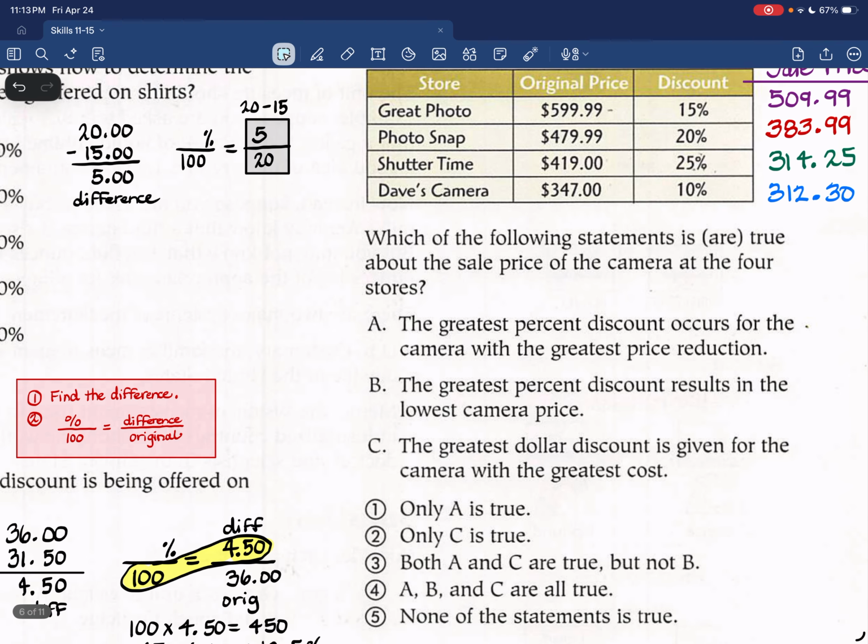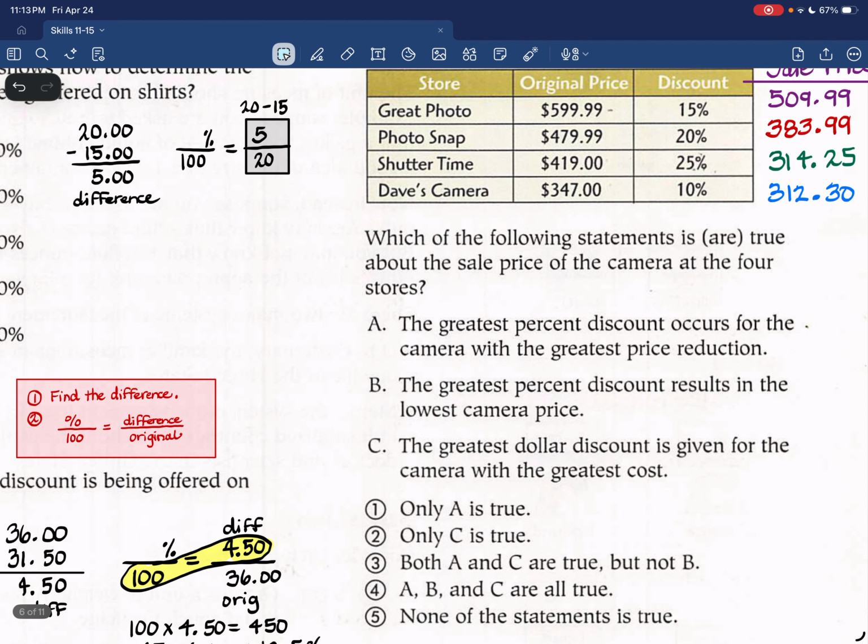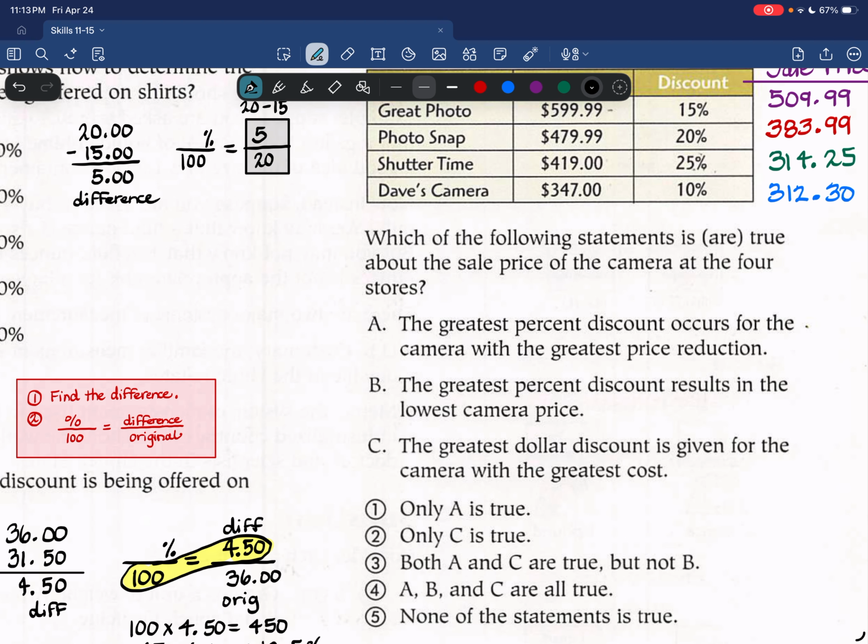That bothers me. B: The greatest percent discount results in the lowest camera price. Okay, that one is not true because the lowest camera price is $312, but that's the smallest percent of discount. So we can eliminate B. I don't know why A messes with my mind a little bit, but let's get that one out of there.